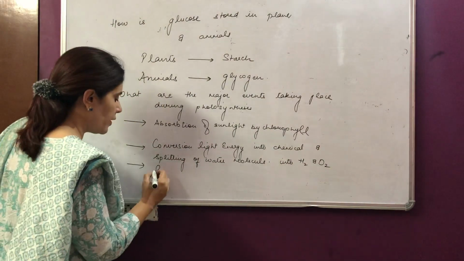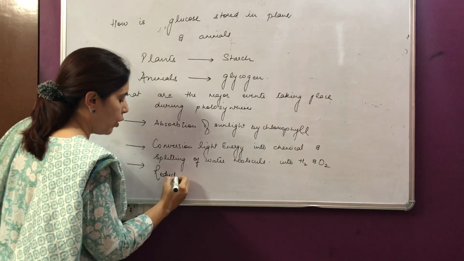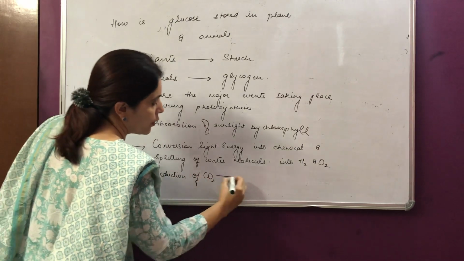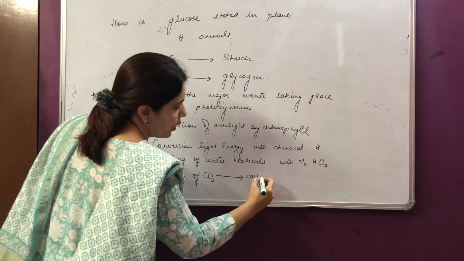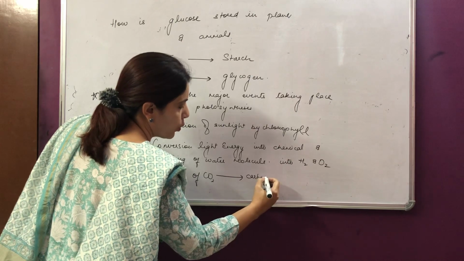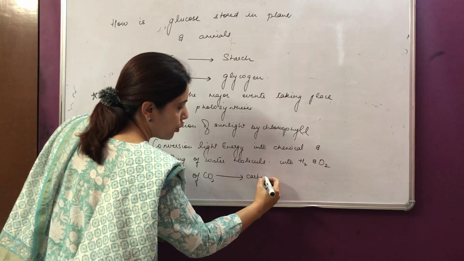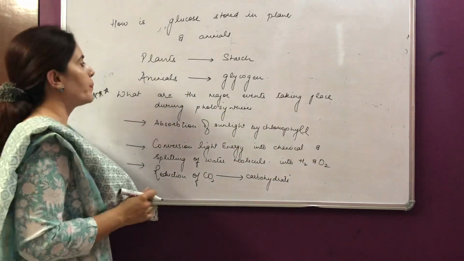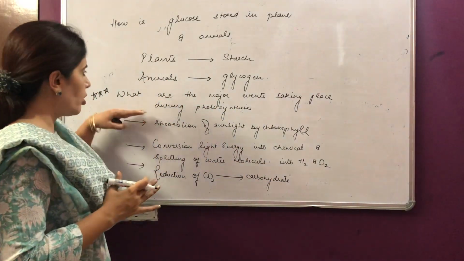And the third one is reduction of carbon dioxide to carbohydrates. Carbohydrate is what? Glucose. Reduction of carbon dioxide to glucose also you can write, or carbohydrate also you can write. Right. So now these are the three major events.